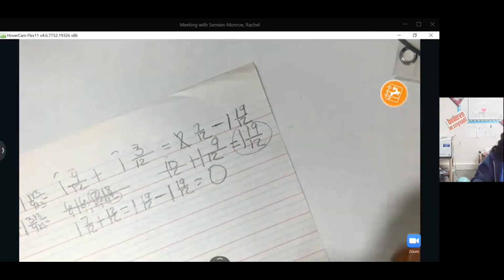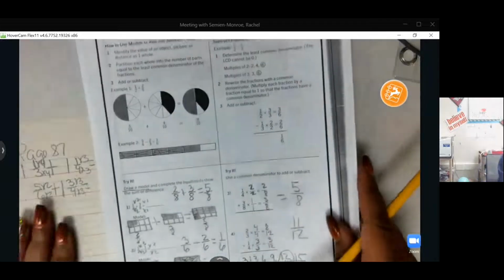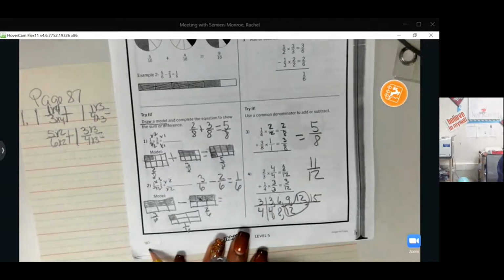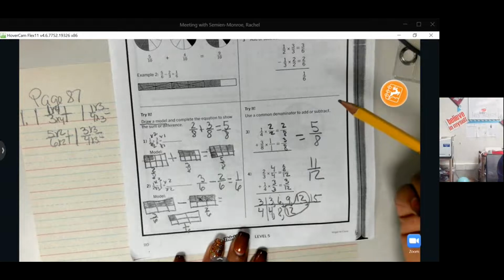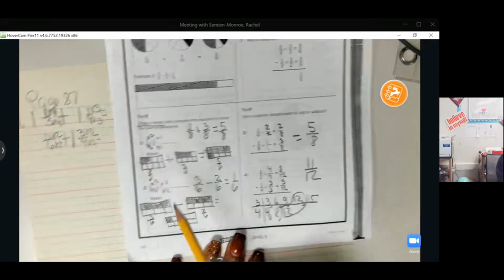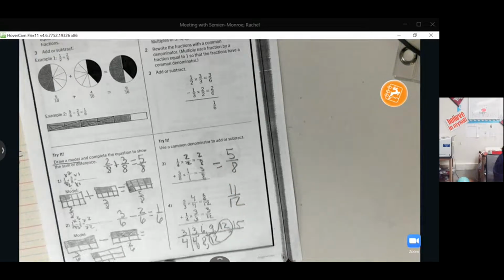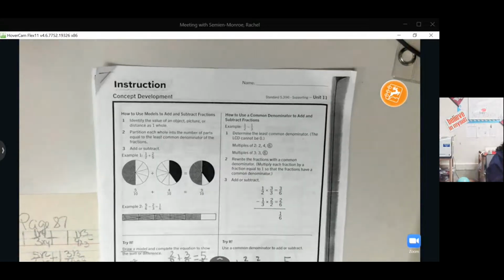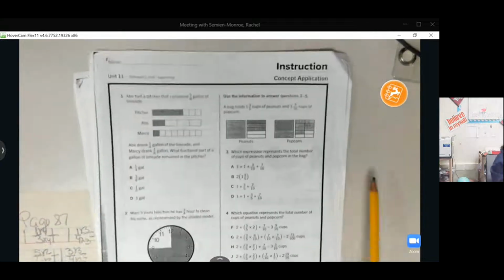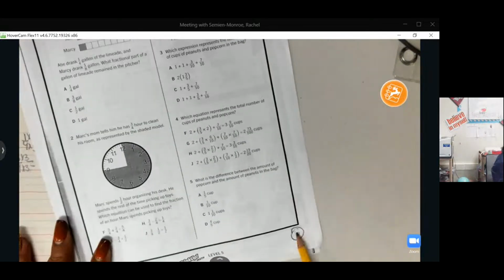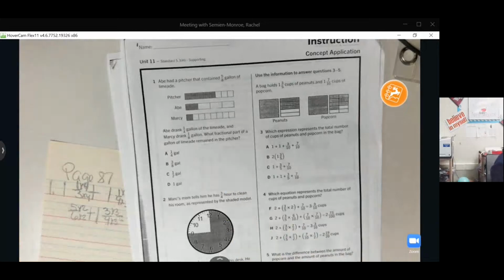We are now on our page 110. We did 1, 2, 3, 4 in the classroom. Now we are going to do page 111, just one problem.